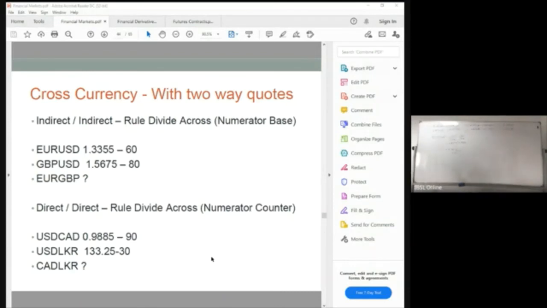So both are direct quotes, and you have to divide.